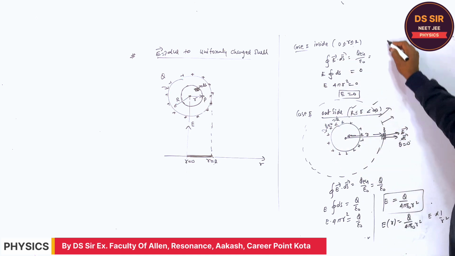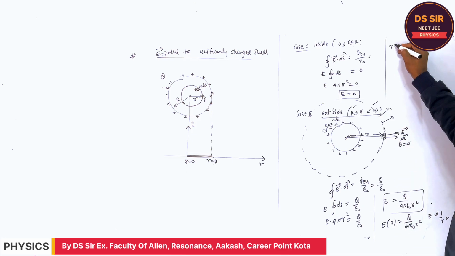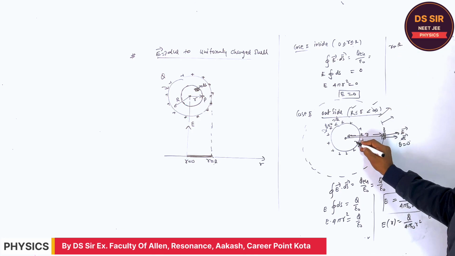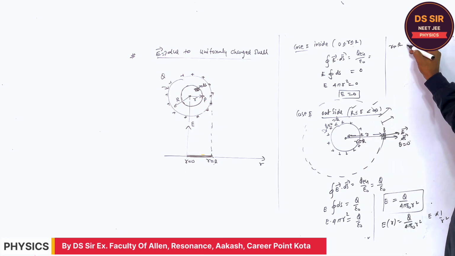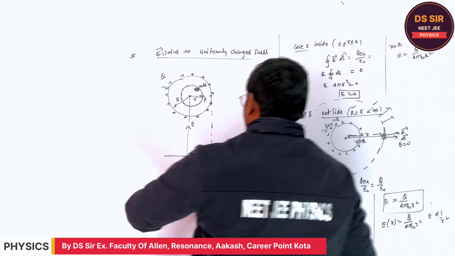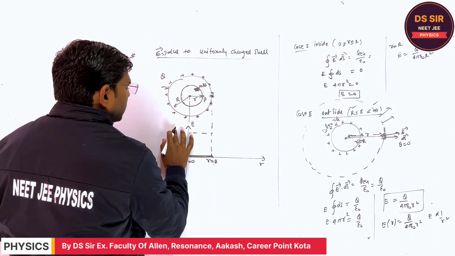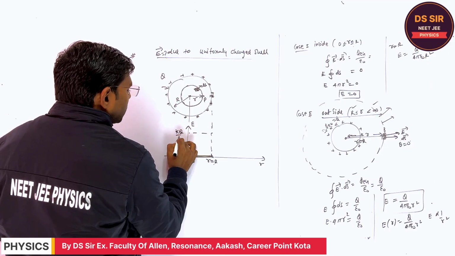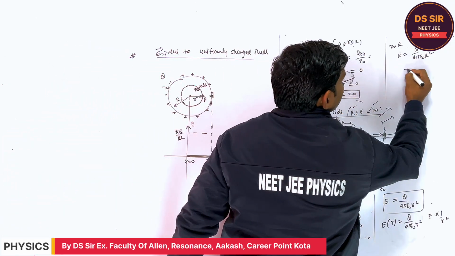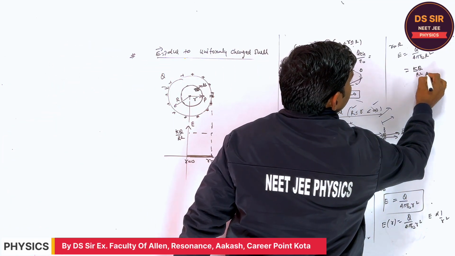So here I am writing after this, r varies from capital R. At r equal to capital R, the electric field is Q upon 4 pi epsilon naught R square, that is on the surface, the electric field is kQ upon R square. Is it clear or not, you tell?